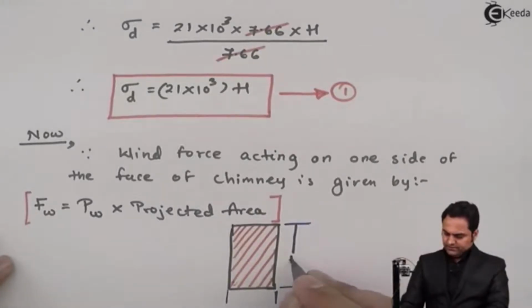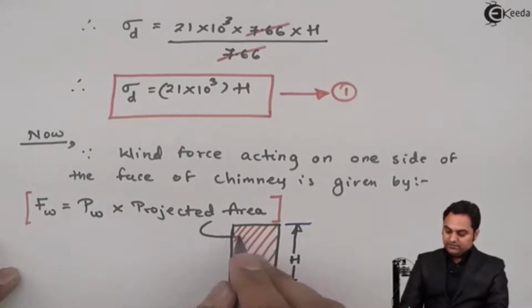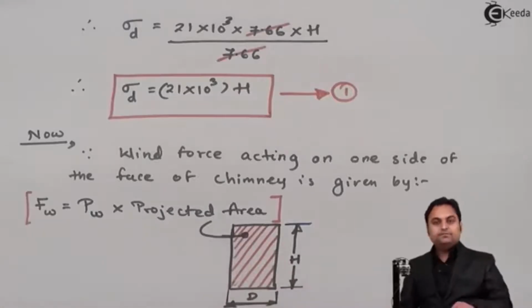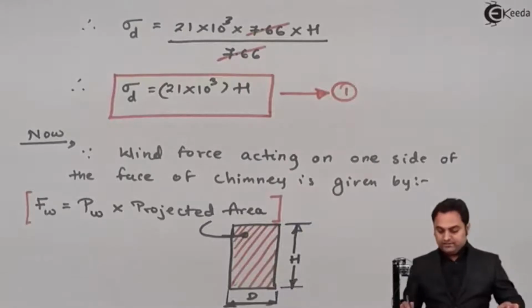This is the height, capital H, and here we have capital D, or the outer diameter, and this area is nothing but the projected area, diameter into height, on which the wind force is acting.